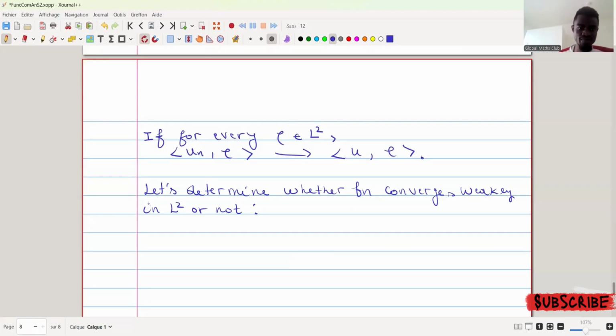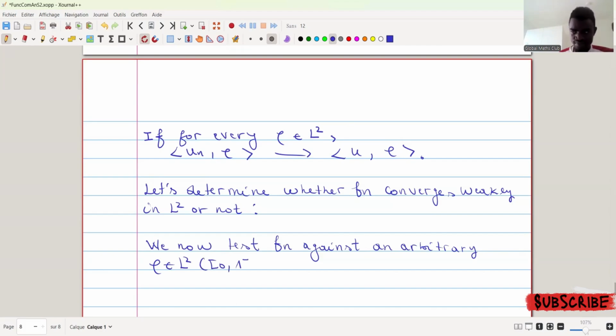So to do this, we now test Fn against, or with, an arbitrary phi in L2 of (0, 1). So that's what we are going to do.